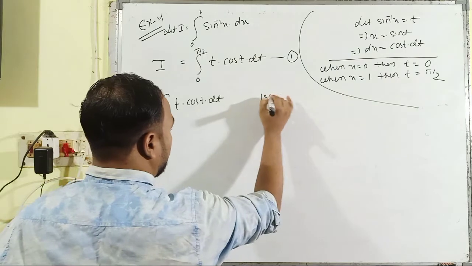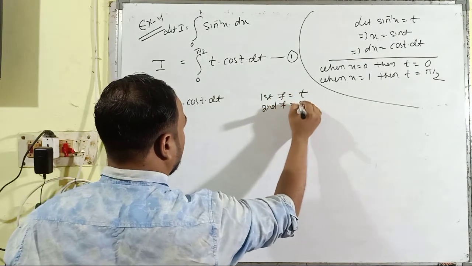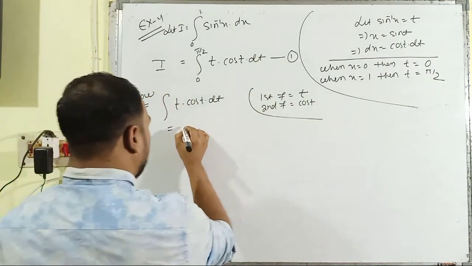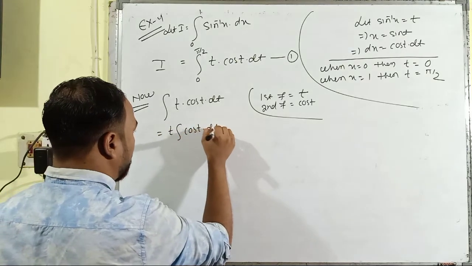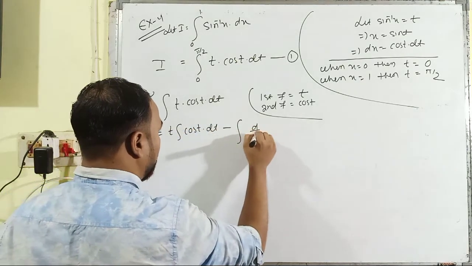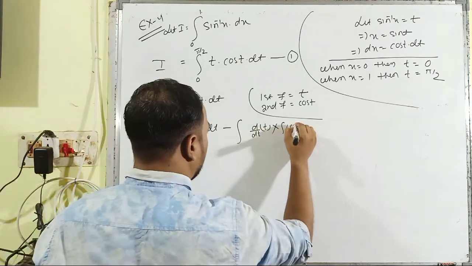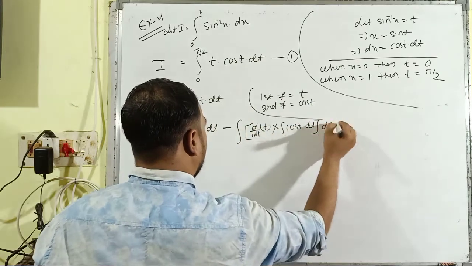Here the first function is t, the second function is cos t. So by using the by parts method, it is t times the integral of cos t with respect to t, minus the integral of the derivative of t multiplied with the integral of cos t with respect to t.